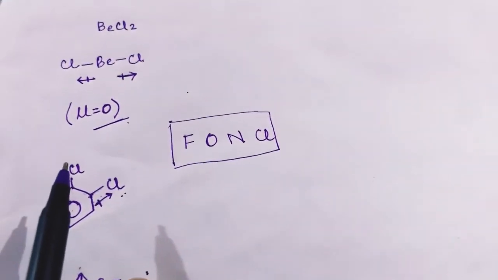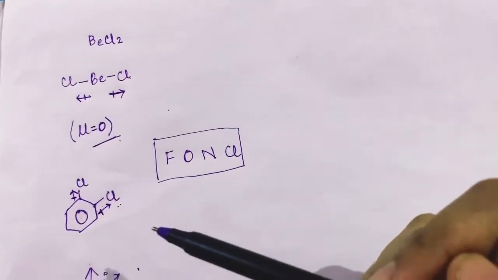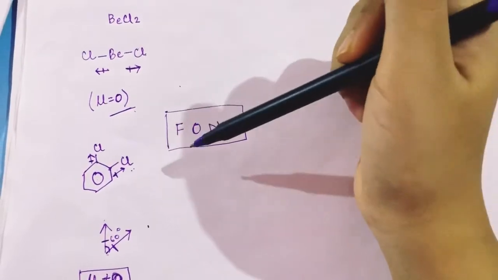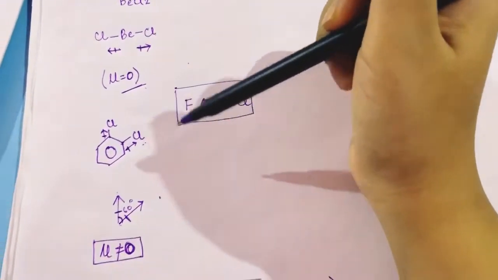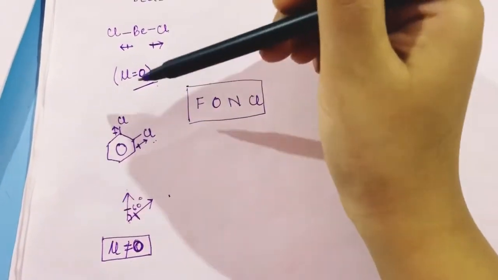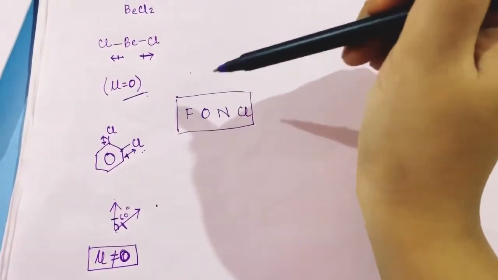Therefore, we have clearly observed from the first two examples that the angle made by the atoms with each other plays a very important role when we have to calculate the dipole moment. Here, the dipole moments we have calculated are not based upon the mathematical formula mu equals q d.